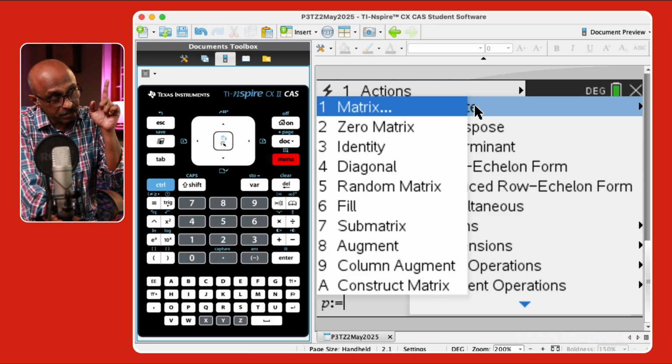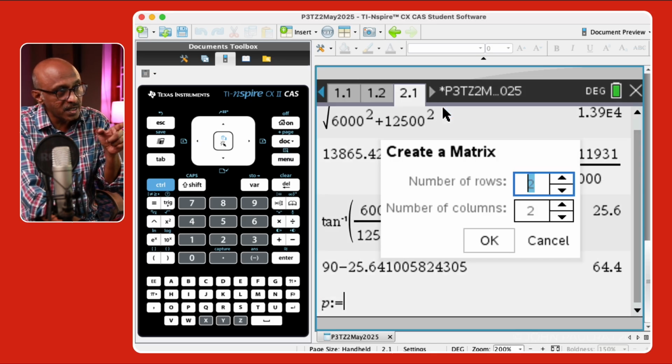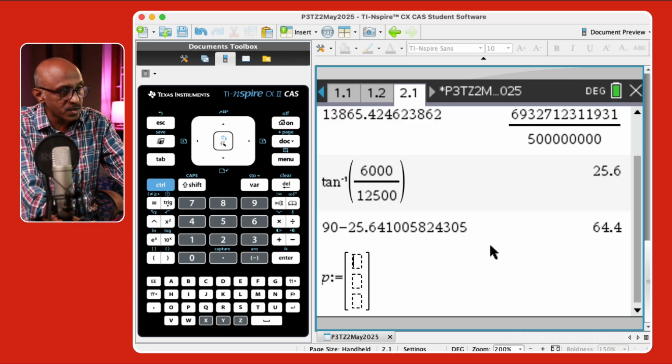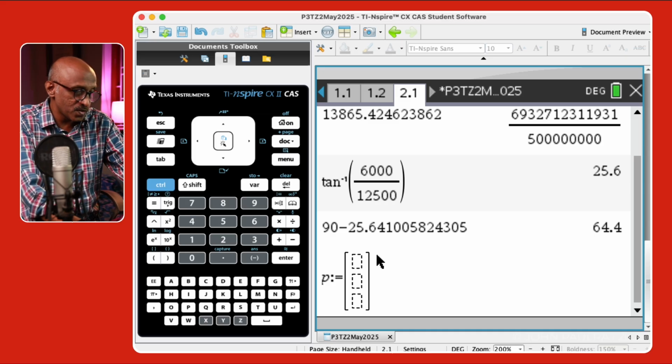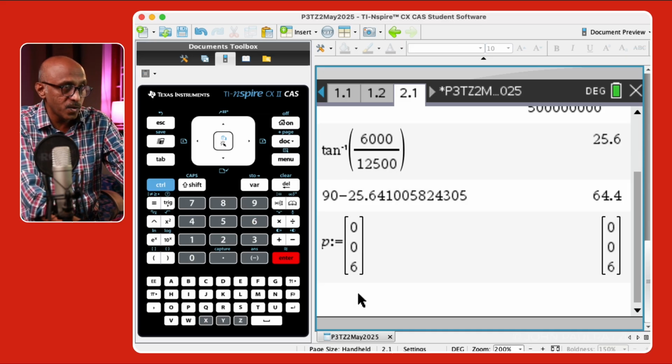It's a 3 by 1. Okay, so I'll just go matrix, and number of rows is 3 and number of columns is 1. Okay, so hit enter. There you go, 3 by 1. That's a vector, right? And now we go 0, 0, and I say 6, and therefore P is defined.